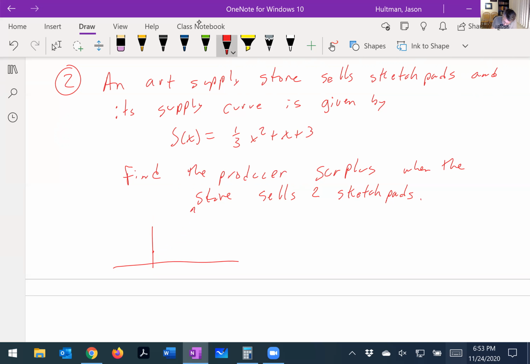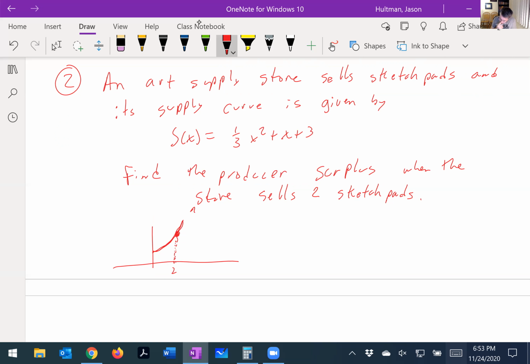Where are they actually going to sell 2 of them? We have this curve here. What's the lowest price that he's willing to sell 2 for?